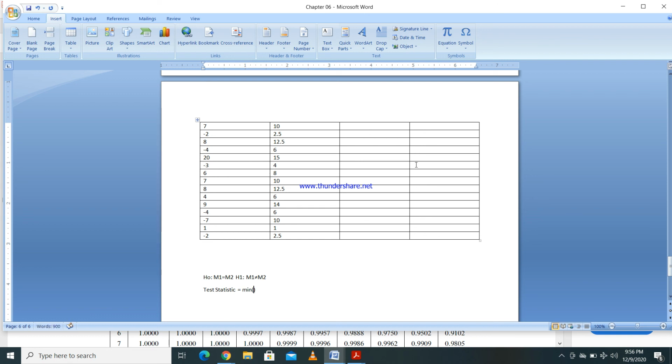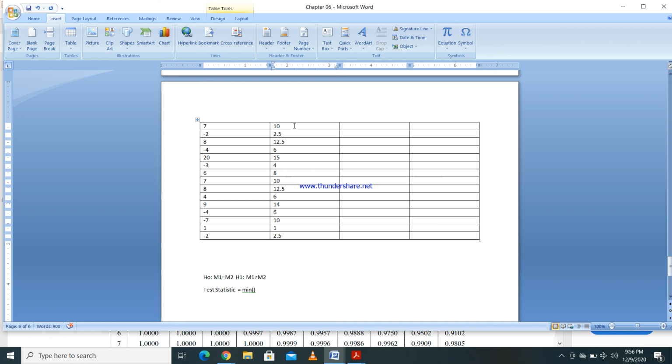So let's see how we calculate. First we'll calculate the total of the positive differences. So 7 is a positive one, so the rank value is 10. And then you have 8, which is a positive one. Rank value is 12.5. Then 20, rank is 15. Then 6, rank is 8.